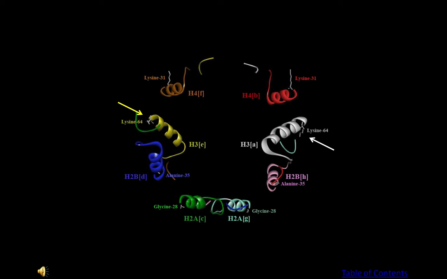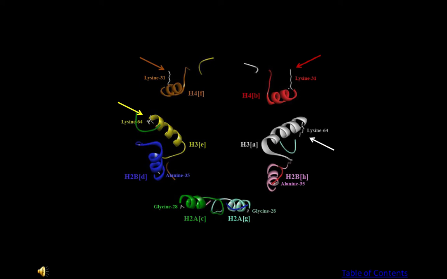Look closely at the white-colored A chain, and you should be able to discern the form of the lysine side chain. Lysine 64 of the yellow-colored E chain is mostly out of sight in this view. For the H4 subunits, the N-terminal amino acid is lysine 31. Both of these lysine side chains are clearly visible.